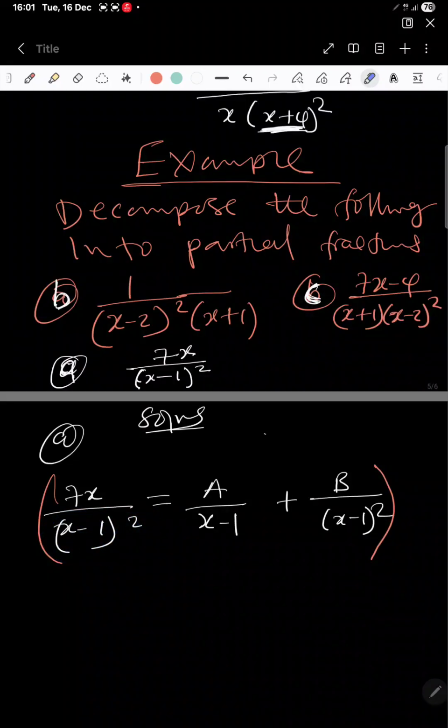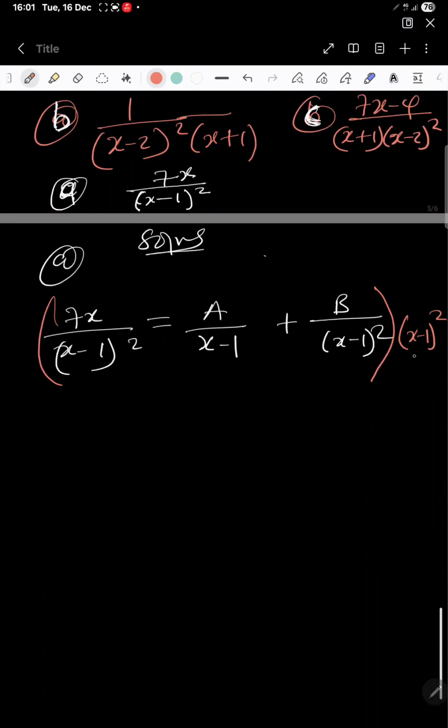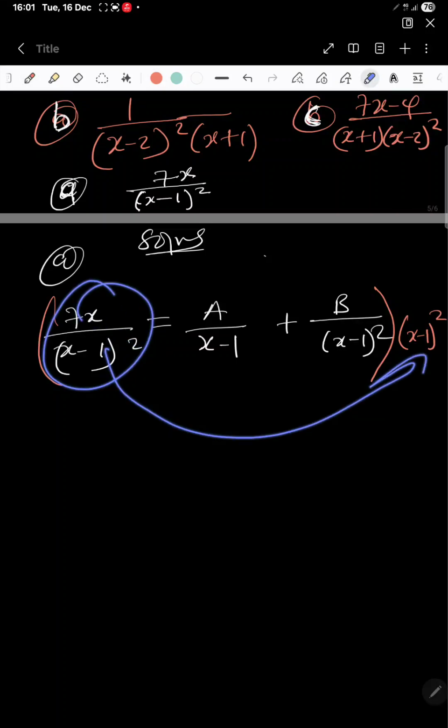So you multiply this with that, and you also multiply this with that, and this with that. That's what we're going to do.